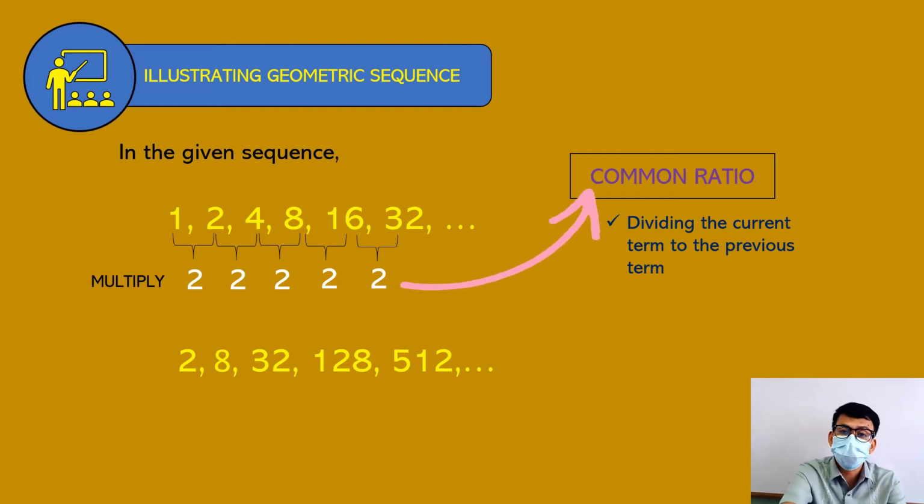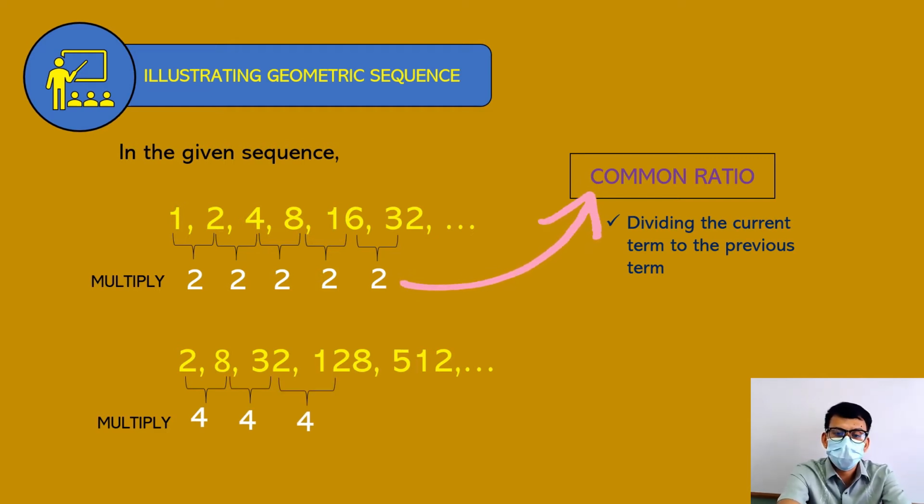Let's try another example. We have 2, 8, 32, 128, 512, and so on. Now, how do we get the common ratio? We divide the current term by the previous term. 8 divided by 2 is 4. 32 divided by 8 is 4. 128 divided by 32 is 4. 512 divided by 128 is 4.